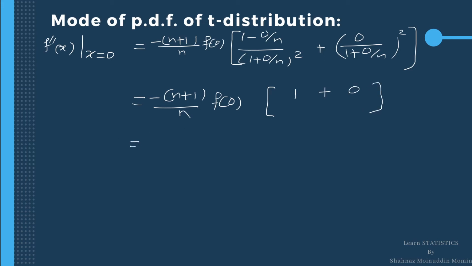So which is equal to minus n plus 1 upon n, f0.